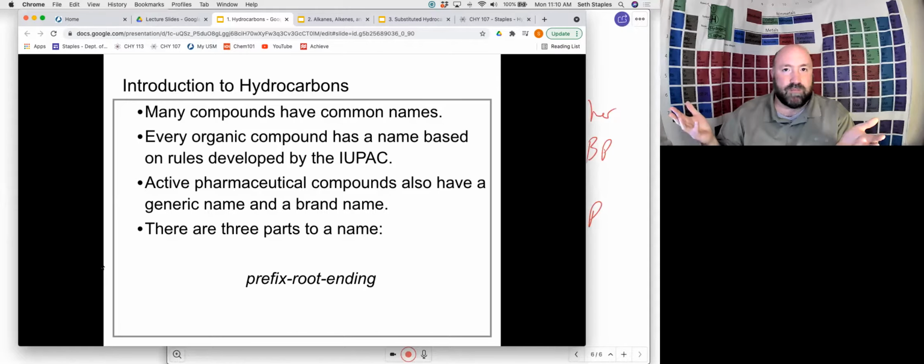But then there's also the long drawn out chemical name, which is the name that would be derived using our IUPAC rules. There are three basic parts to naming organic compounds, and we're going to use this convention constantly throughout this organic chemistry unit. We have a prefix, we have a root, and we have an ending.